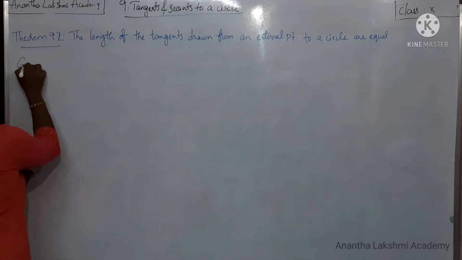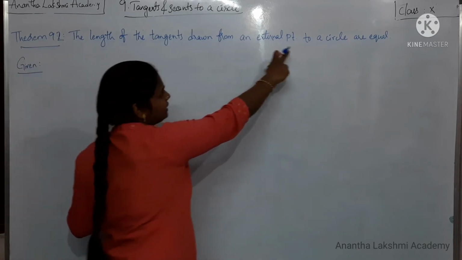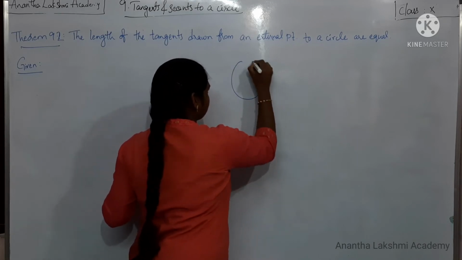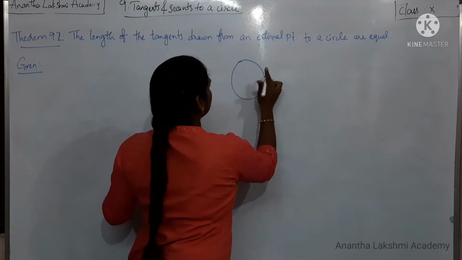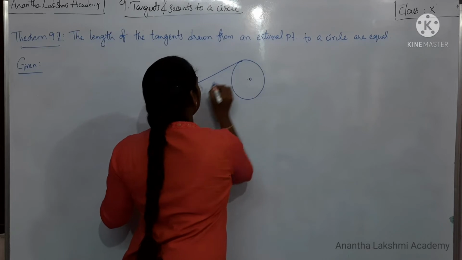Okay. What is given for us? Look at the statement. The length of the tangents drawn from an external point to a circle are equal. So a circle is given. From an external point, two tangents are drawn.